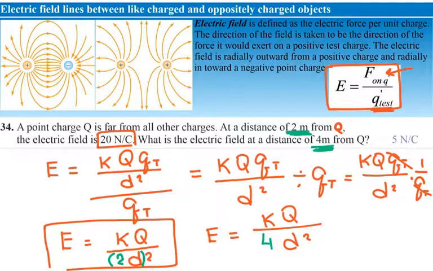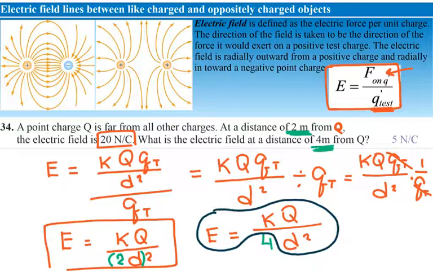But the original part was given to be 20 newtons per coulomb. Then the new one is 1/4 of it, which is 5 newtons per coulomb.